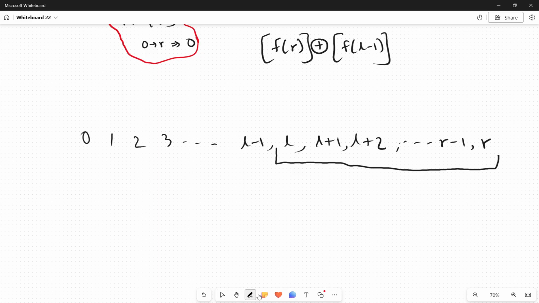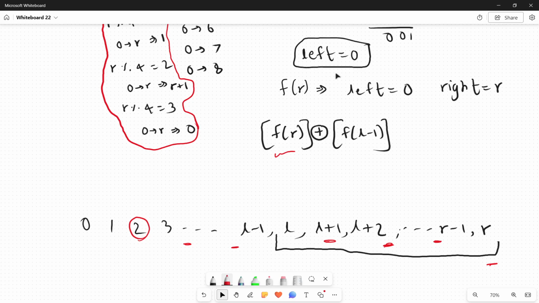So I will try to find all the uninteresting numbers from 0 to r. Suppose some numbers are there which are uninteresting. And for the answer, f of r is defined as the answer when my left limit is 0 and right limit is r.